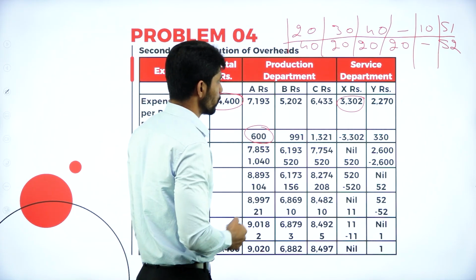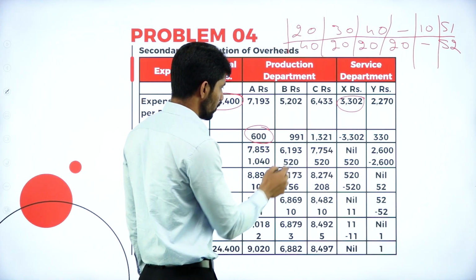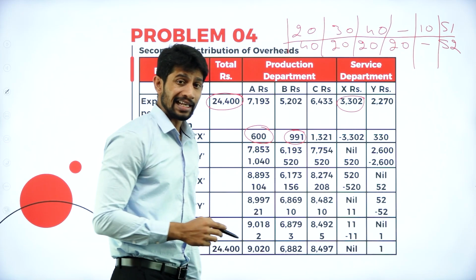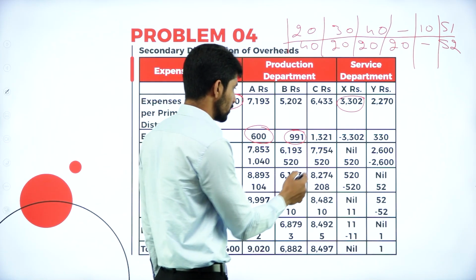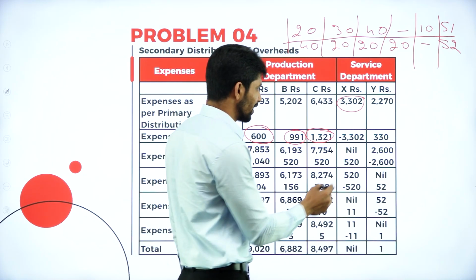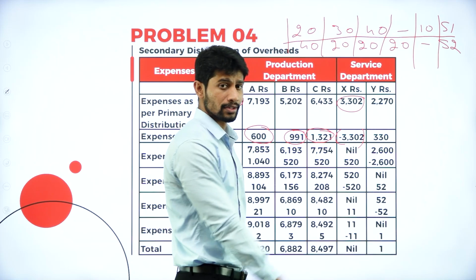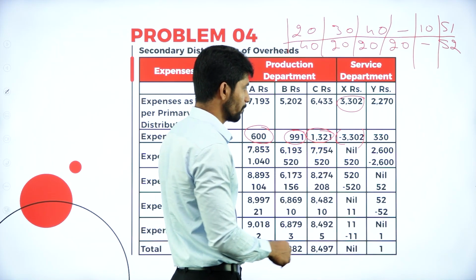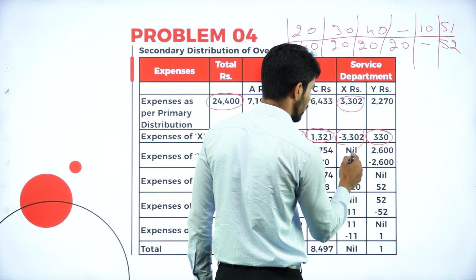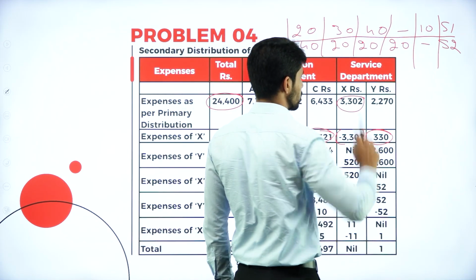Next, production department B, you will get 999. Production department C, 1,321. Here you write minus because you are distributing this 3,302 among other departments. Service department Y you will get 330, because it is 10%.